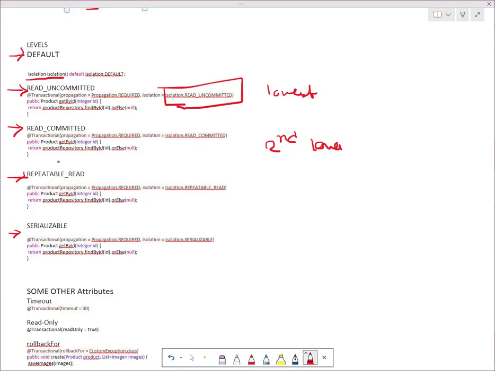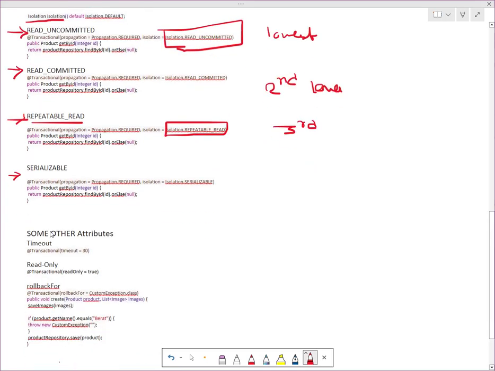Next is repeatable read. Repeatable read is the third level of isolation, and it prevents the dirty read and non-repeatable read problems. Here we just set isolation repeatable read.